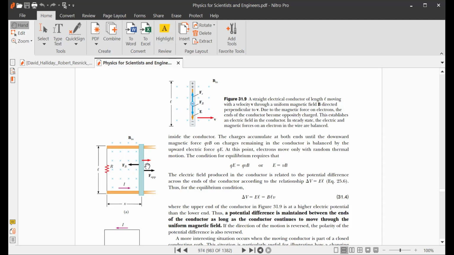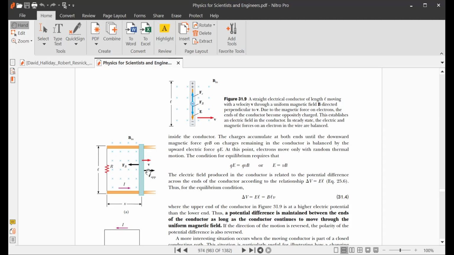In general, v depends on time, but there is a time when the external force becomes equal to the force caused by the induced magnetic field.